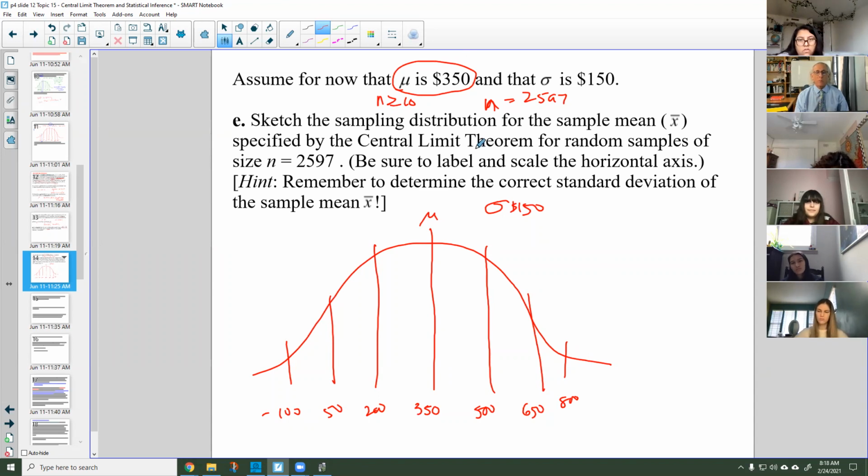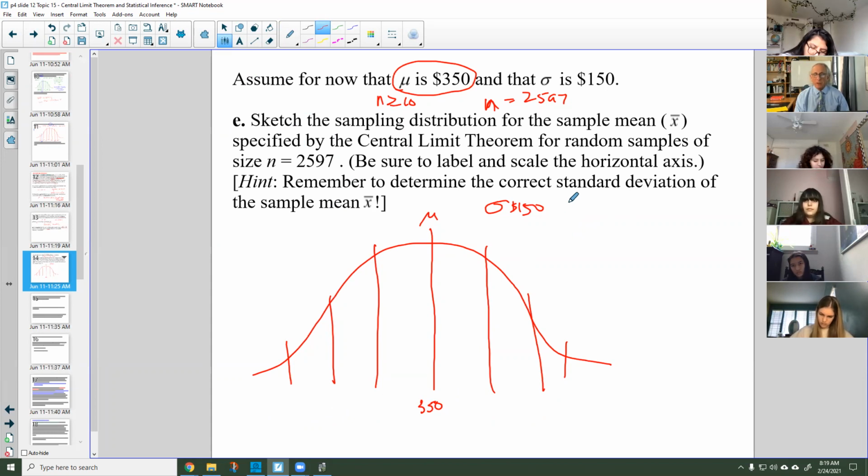Very wrong. That is wrong because this is a sampling distribution. So when I want to find the standard deviation of a sampling distribution, I still start with my 350 in the middle, but I have to calculate the standard deviation.